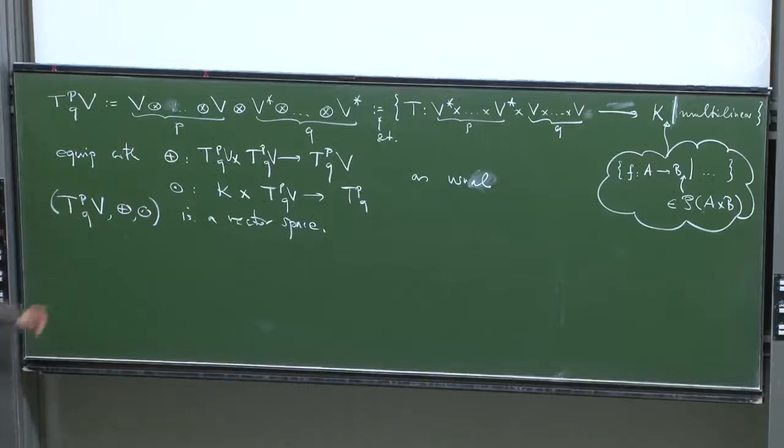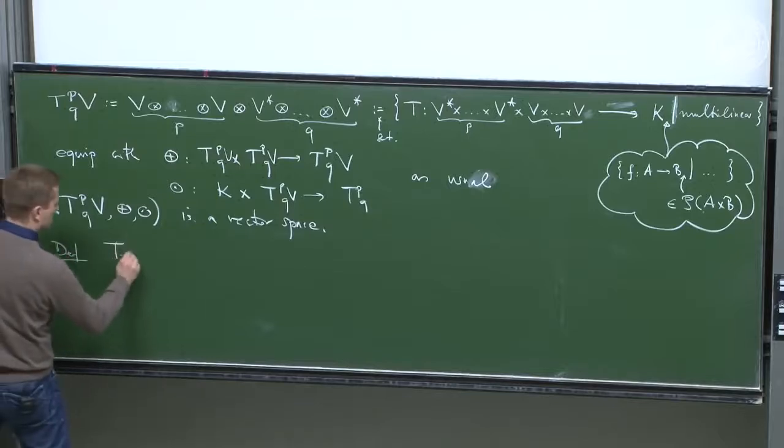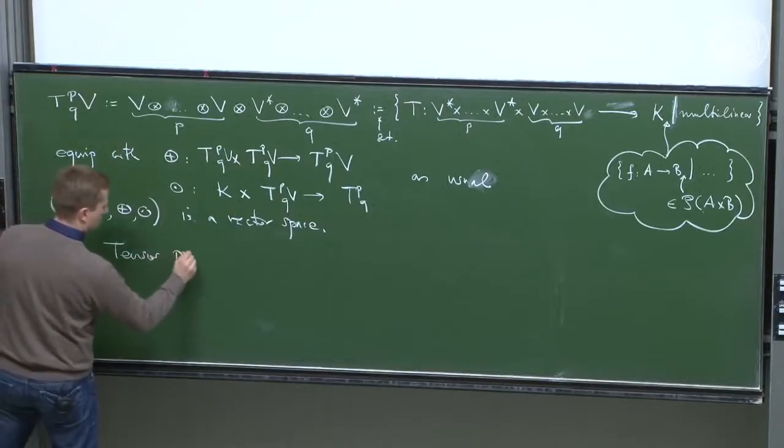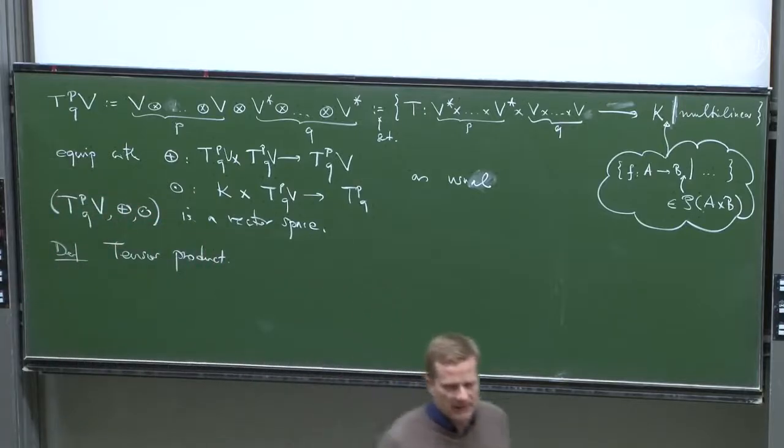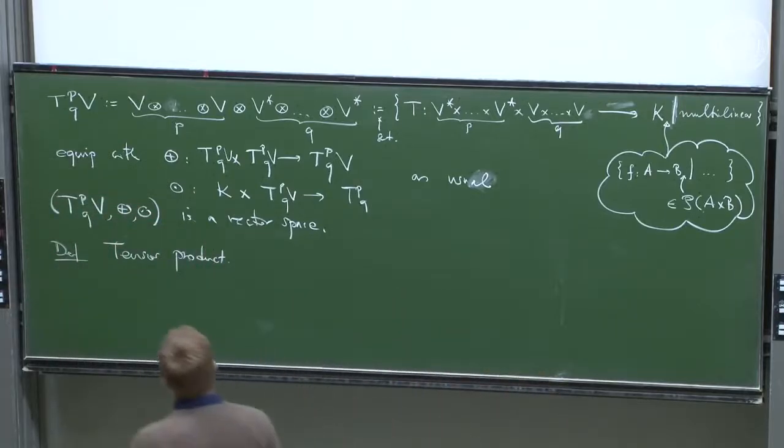Now, how do we construct new tensors out of old tensors? There are several ways. The most important one is the so-called tensor product. Unlike the addition that takes two tensors of the same valence, so this pair PQ is the valence of the tensor, sometimes people call the sum P plus Q the rank of the tensor.